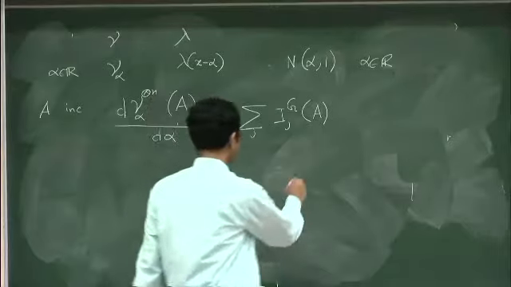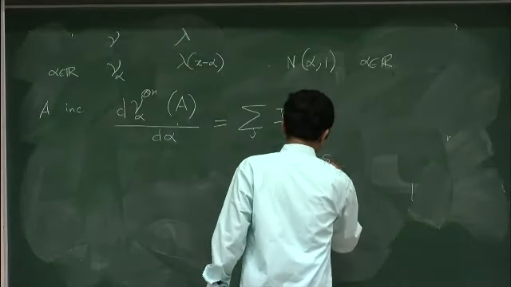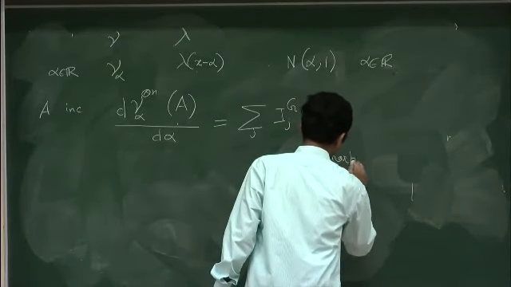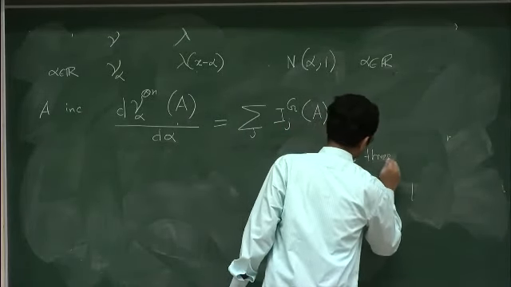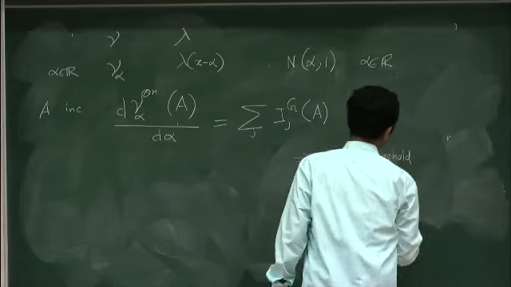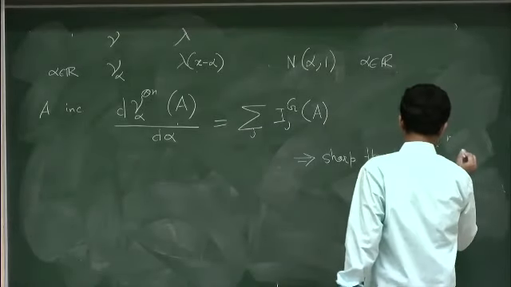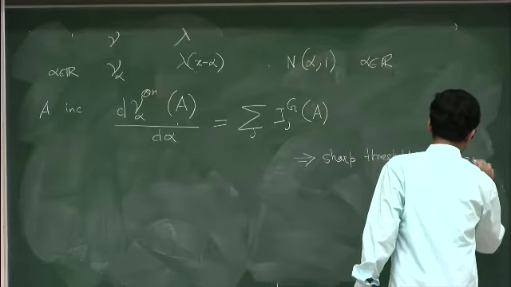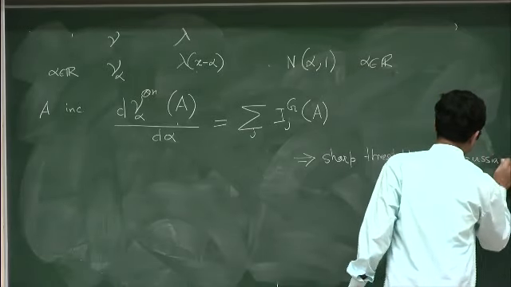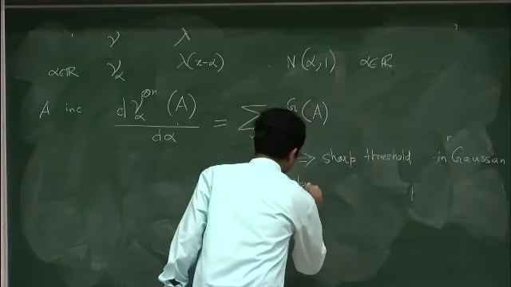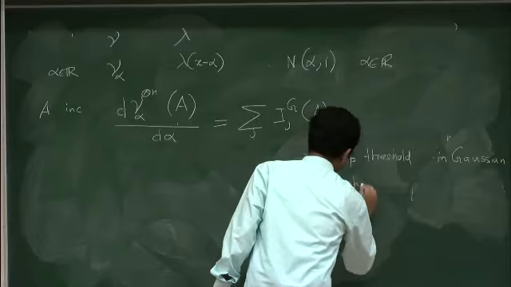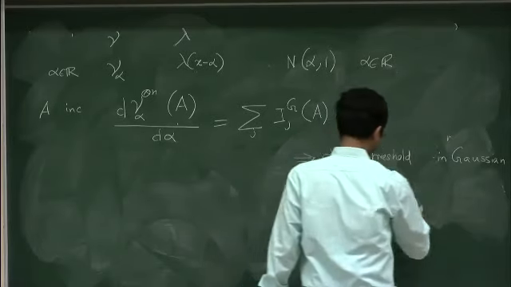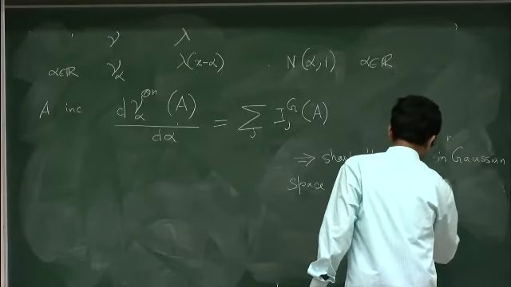sharp threshold in the Gaussian space when A is increasing plus transitive.